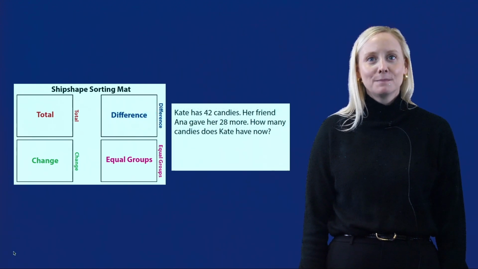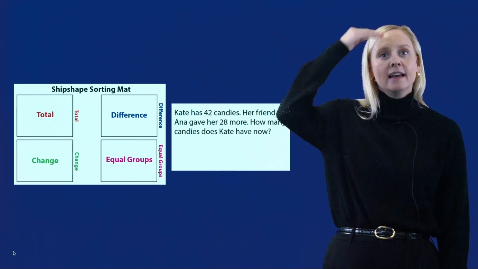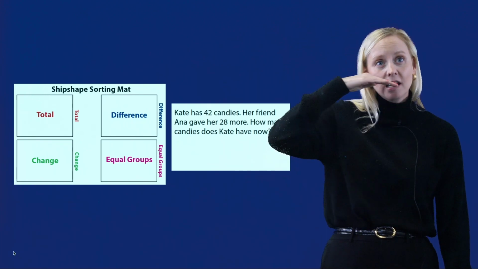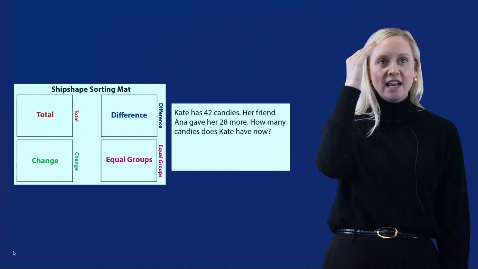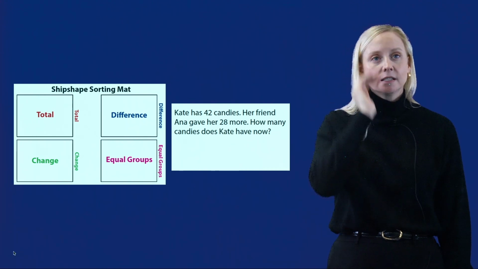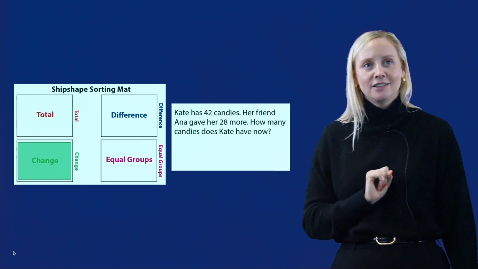Let's look at another example. This says Kate has 42 candies. Her friend Anna gave her 28 more. How many candies does Kate have now? Here Kate had an amount, and then her friend gave her more, so her amount changed and it increased. So we know we have a starting amount that increases to a new amount, so I know that this schema belongs in the change box.